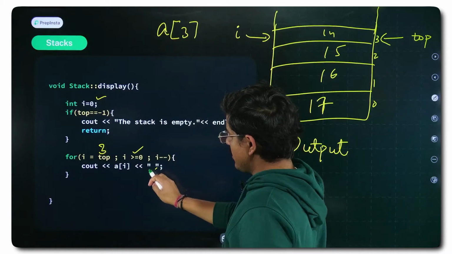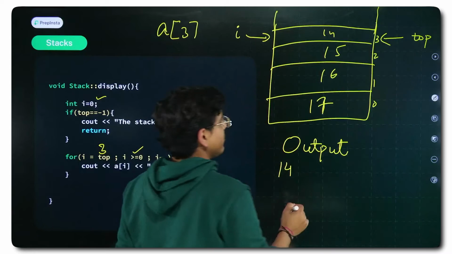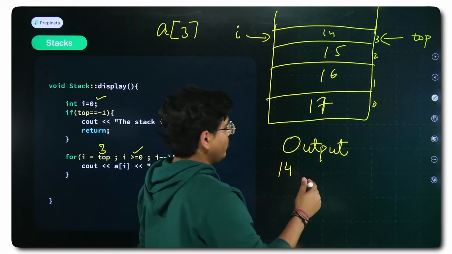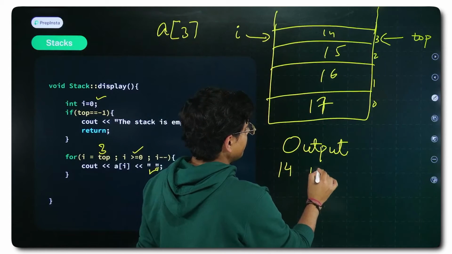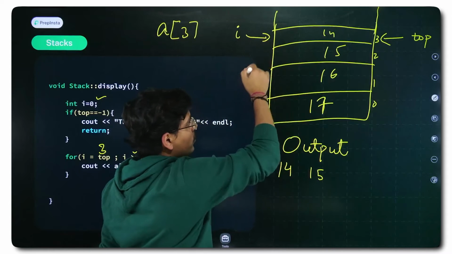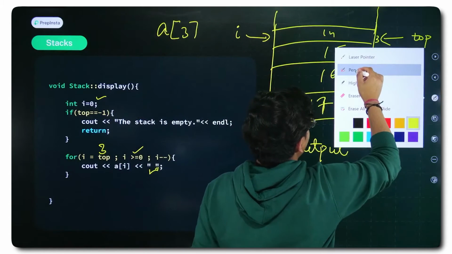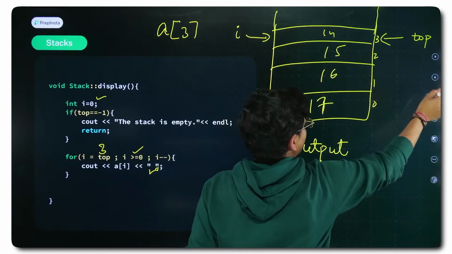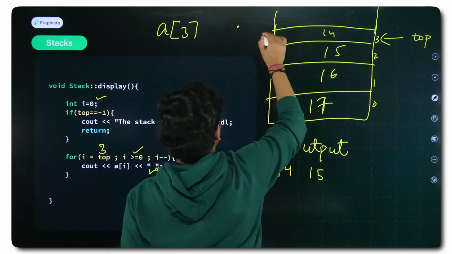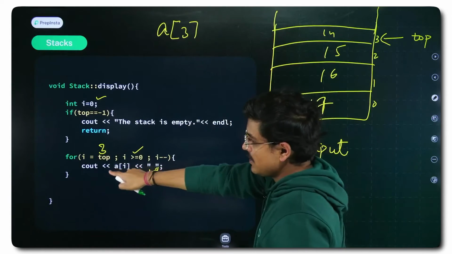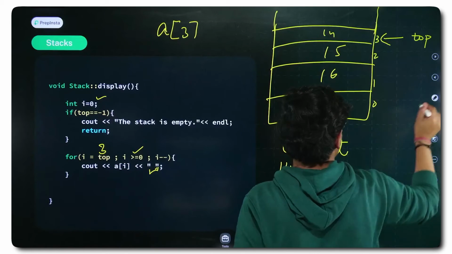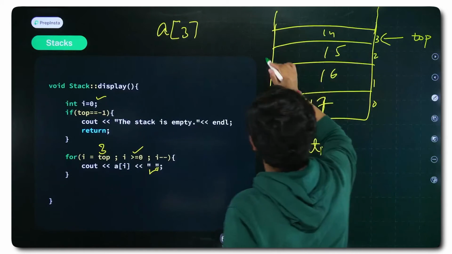Then a space would be printed. This is just for cleaner code and cleaner output. Then 15, because i would now decrement. If you correctly remember, i minus minus happens after the successful execution of this statement. So i minus minus takes place.